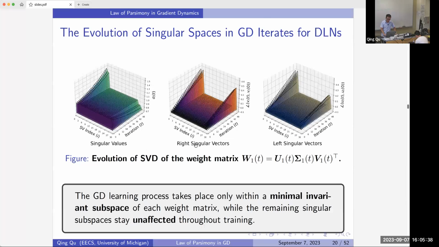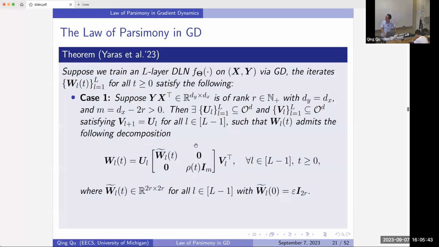And this is some simulation, but you can rigorously prove this. What we can show is that when you're training L-layer deep linear networks, supposing the cross correlation matrix is rank R, there exist some orthogonal matrices such that you can decompose your weights in the following form, where both the left and right singular matrices are totally unchanged.